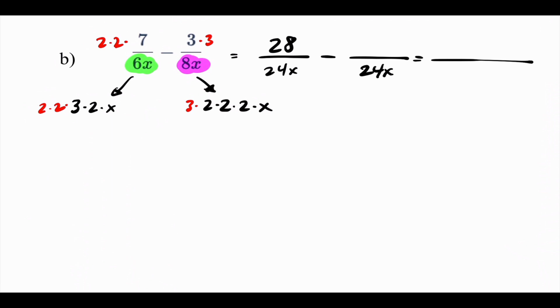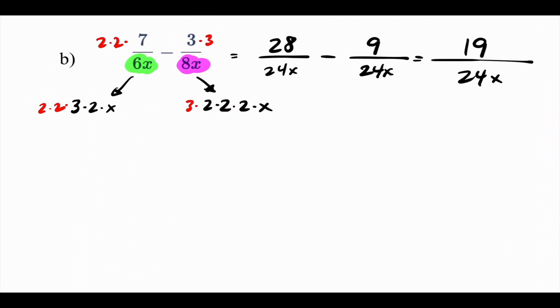And then over here, 3 times 3 is 9. So the common denominator is 24x. Subtract the top. 28 minus 9 is 19.